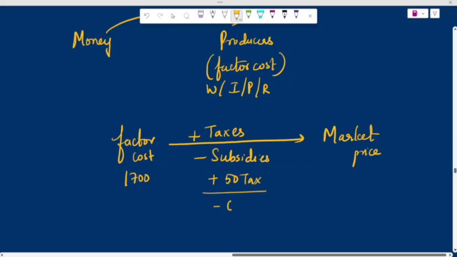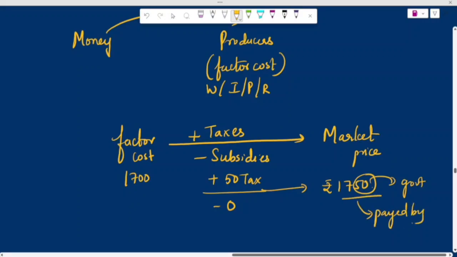So I'll be selling it for the market price of rupees 1750. This 50 will be given to the government and 1750 will be paid by the consumer. And factor cost is the total cost which happened to the producer to pay factors of production.